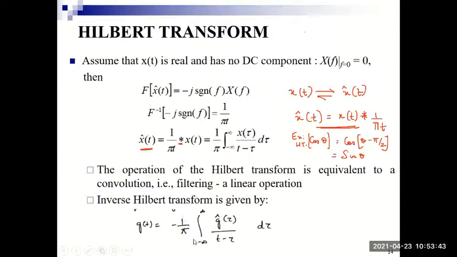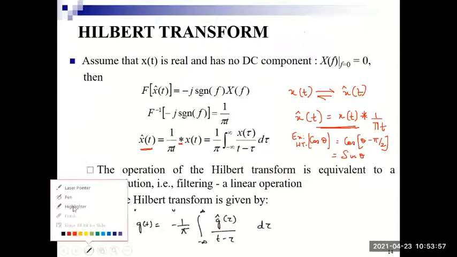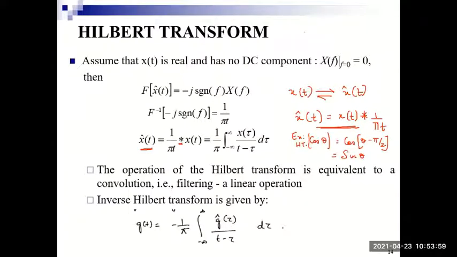It will be minus 1 by pi integral minus infinity to plus infinity g cap of tau divided by t minus tau. So what is the actual meaning of this? Can somebody tell me? In terms of equation, it is minus 1 by pi t convolved with, yes or no?